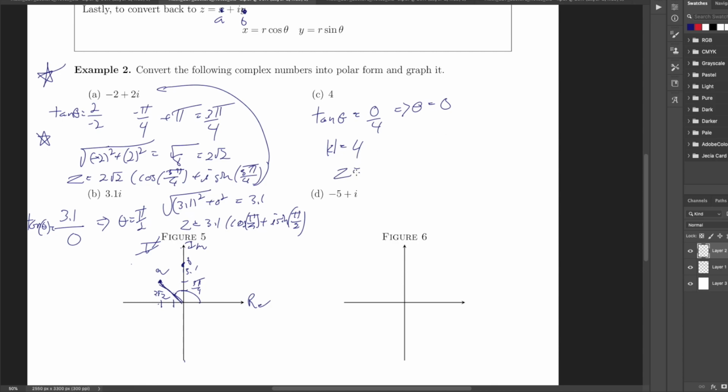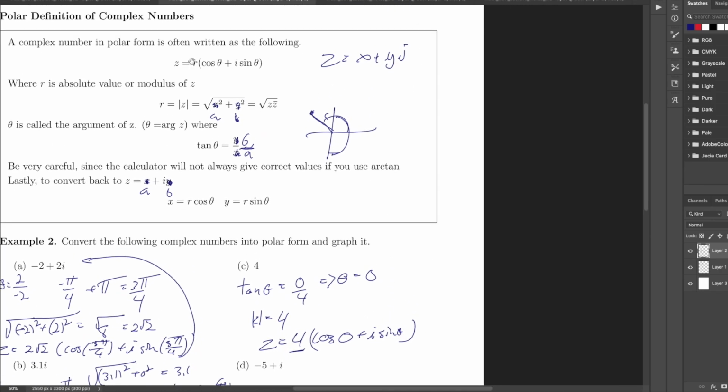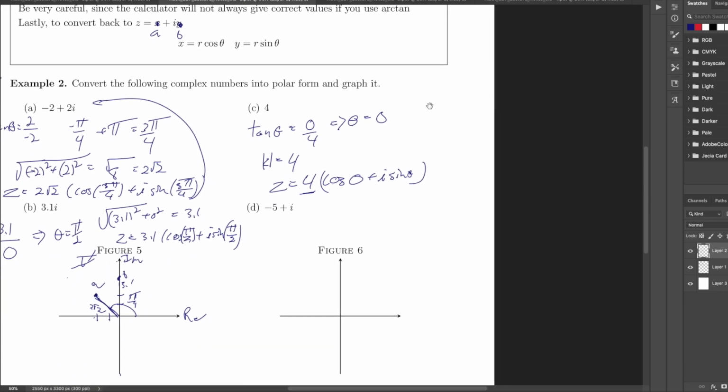So if I wrote this out in polar form, I'll have 4 cosine of 0 plus i sine of 0. So here we have our length, or r, and here is our theta. And so this is just how we write this out. So if we graph this, it'll just be 1, 2, 3, 4 in the x direction, and put it right here. So we'll have the real part and the imaginary part.